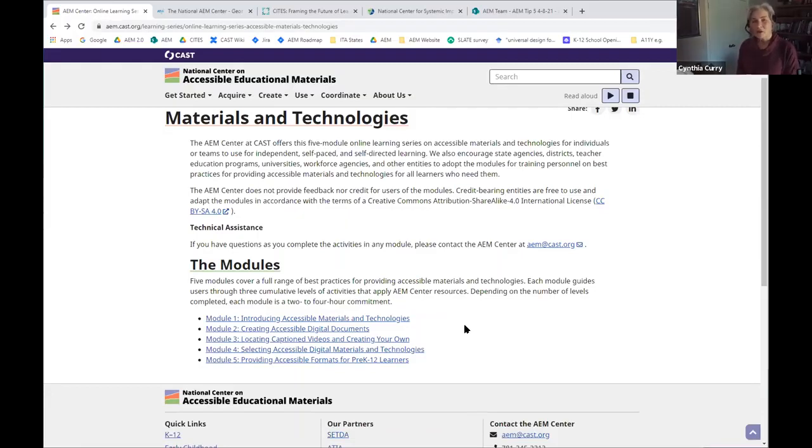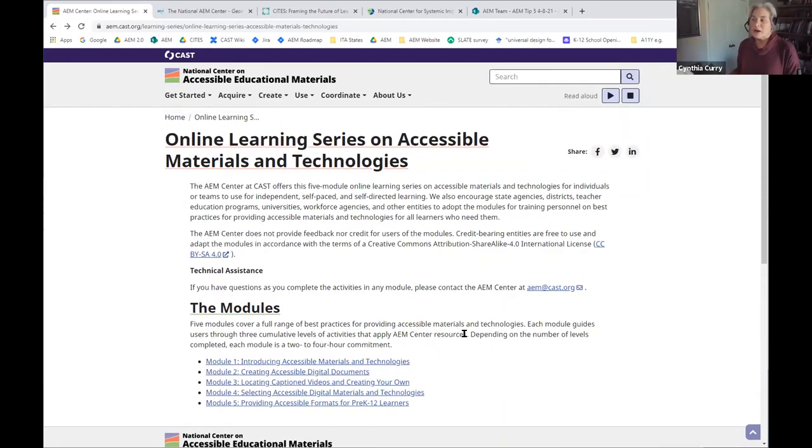So we have resubmitted to get the continuation of the credit through IAAP, and we're hoping to get that so that any credit-bearing agency that provides these modules, somebody who completes that can submit documentation to IAAP to get credits toward their certification with that organization.